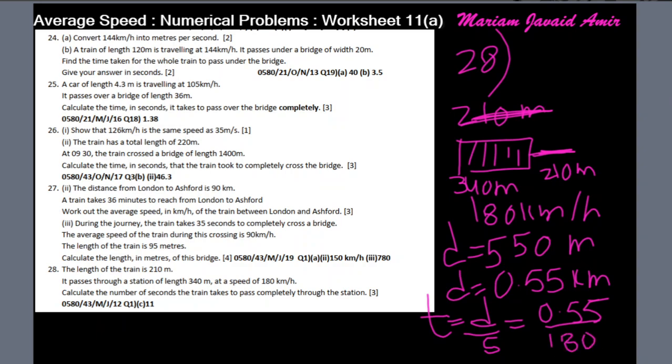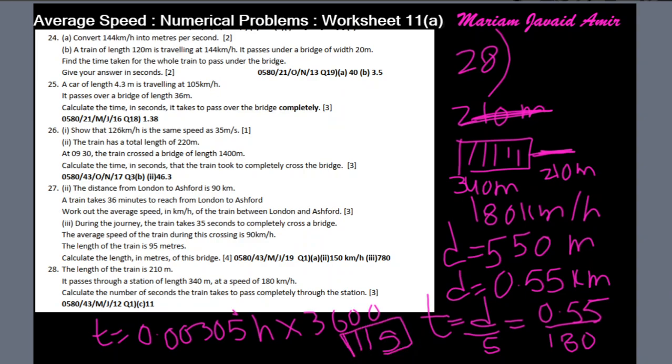So 0.55 over 180, we get the time in hours. So time is 0.0030 with a recurring 5. Now this is in hours. Change it into seconds, multiply it by 3600, and we get 11 seconds. That's all.